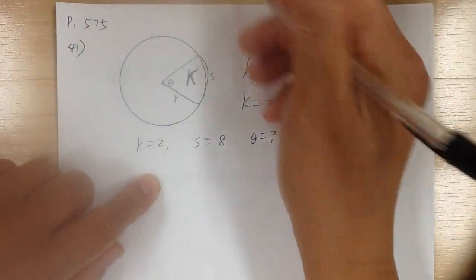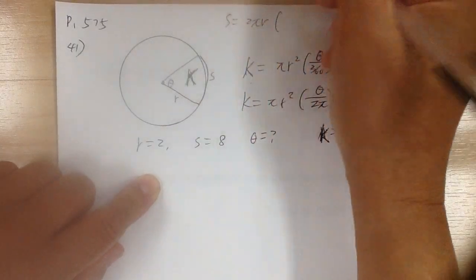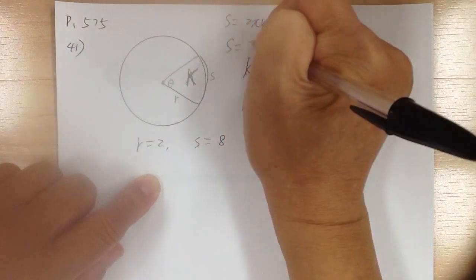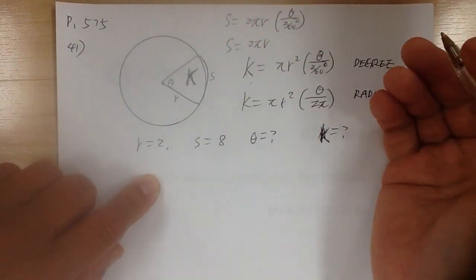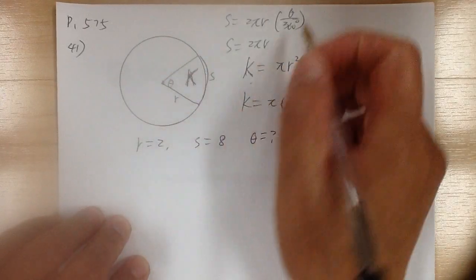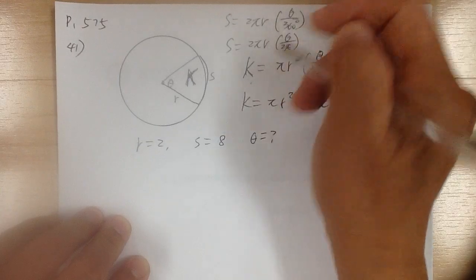Arc length equal to 2 pi r times the fraction, right? Again, theta over 360 degrees. Or, again, the formula is easy to remember. Just use common sense, right? First, you figure out the whole circle, right? And you times by the fraction that you want, okay?